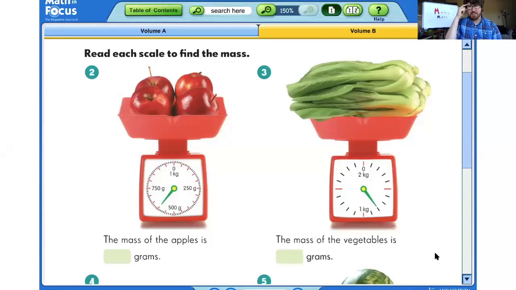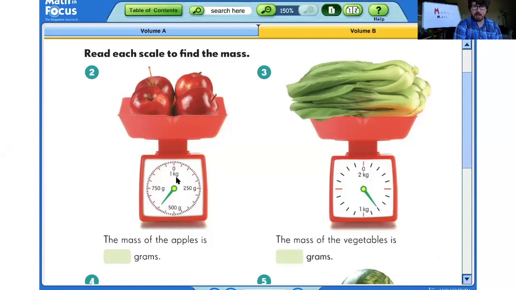So first things first, we've got to see if our scale is measuring in grams or kilograms. If you have a piece of paper, you can write it down, or you can just yell it out on the screen or think about it in your brain. We're going to measure these apples. So let's look. Is it in kilograms or grams?